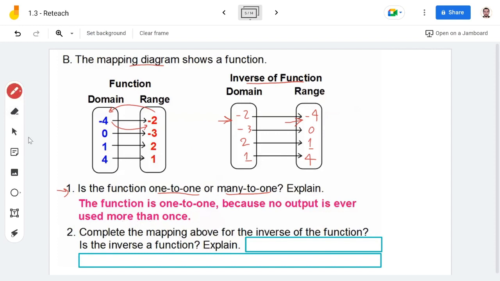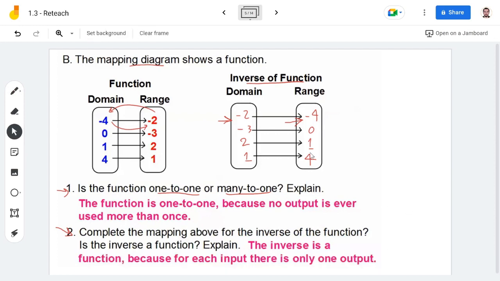Number two, is the inverse of the function also a function? Explain. Yes, the inverse is a function because each input has one output.